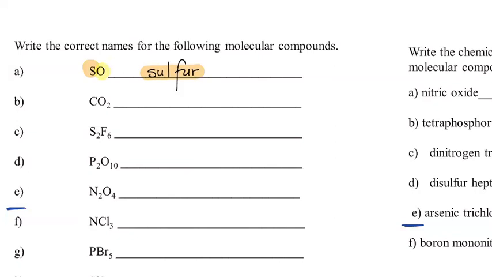Great, I already see that people are getting the hang of it. It's going to be oxide. And since we have one, similar to the example that I just gave a moment ago, we're going to say mono oxide, but because we end in O and this one starts in O, we make it one word, monoxide.